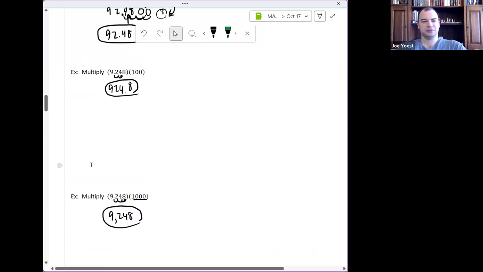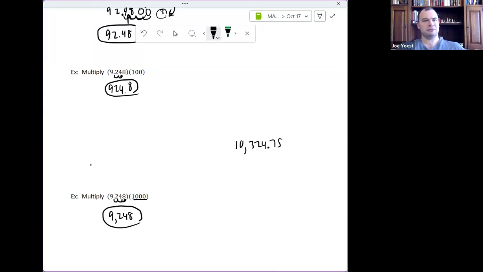Kind of an interesting side note: if we were writing a number that's in thousands with a decimal point, we might write something like 10,324.75. In some parts of the world, places related to the UK or Britain or colonies, they might write this as 10.324,75. They seem to do their commas and dots the opposite of the way we do it.